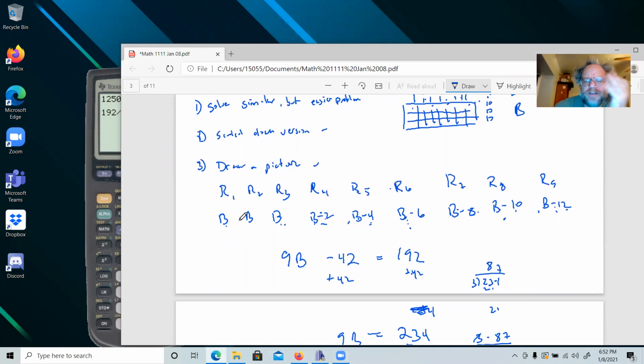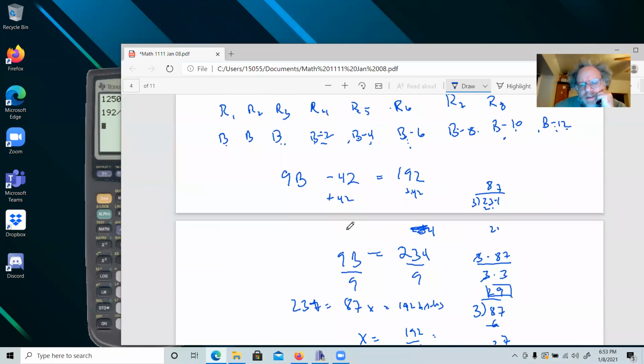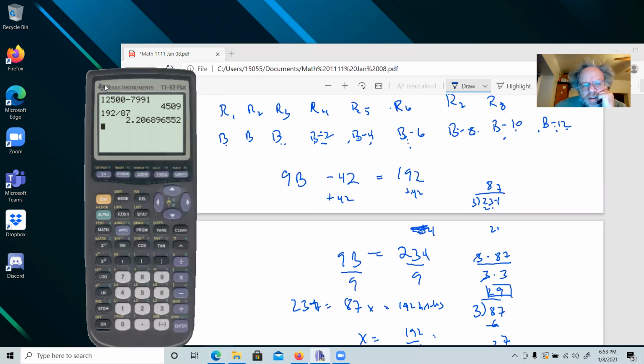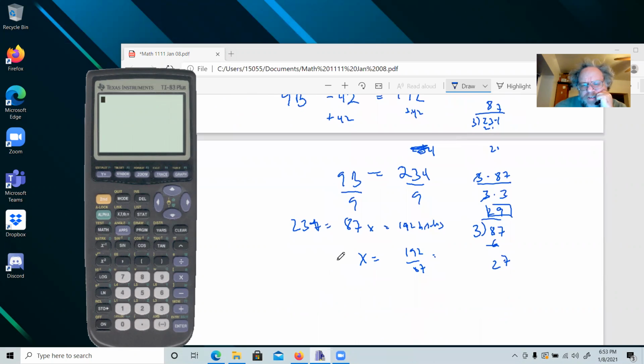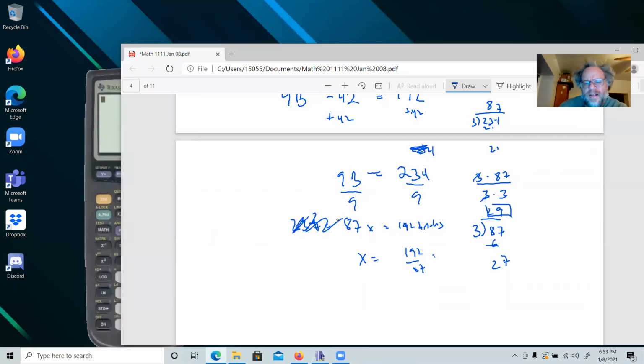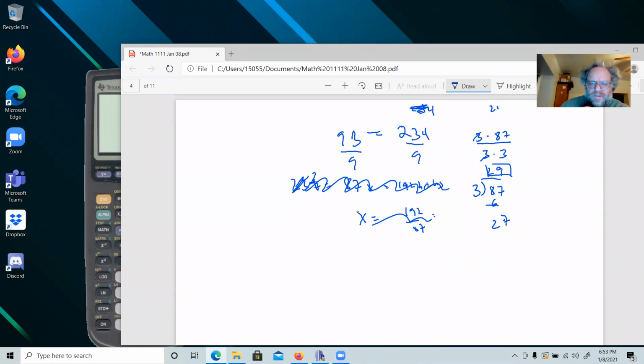B is going to be the number of bricks. Oh, it's not 87, Lord, it's 9, right? What did I do? Just use a calculator. I think I closed my eyes and woke up to some weird thing going on here.